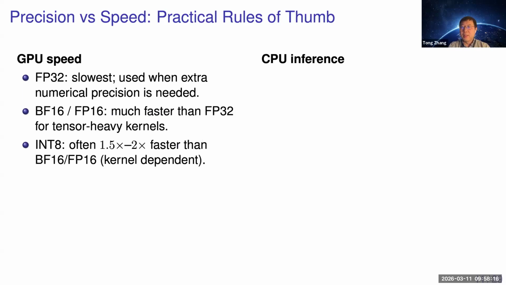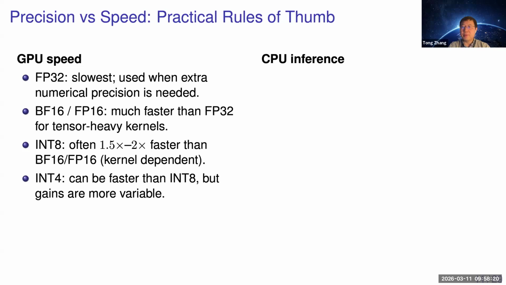This one is even faster. Nowadays, GPUs also try to support int 8, int 4, so that you could see a further improvement once you reduce. From int 8 to int 4, the gain is probably more in memory than in speed.